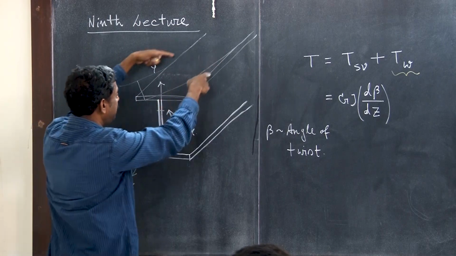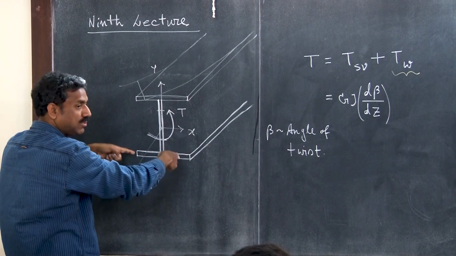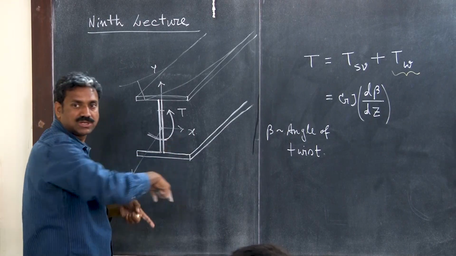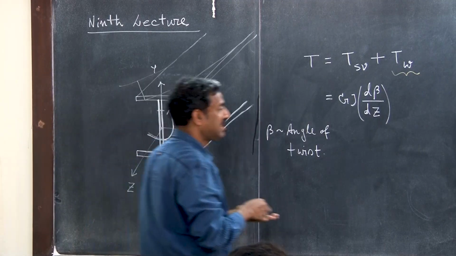So, if this bends in this curvature, the bottom flange will bend in the opposite curvature, right. What I am trying to say is, let me draw it.